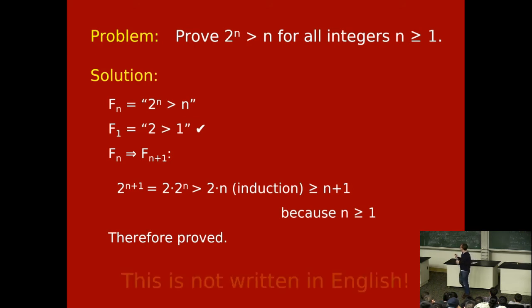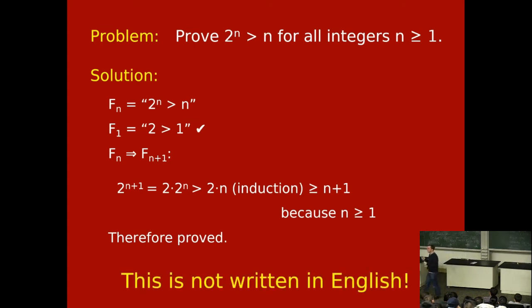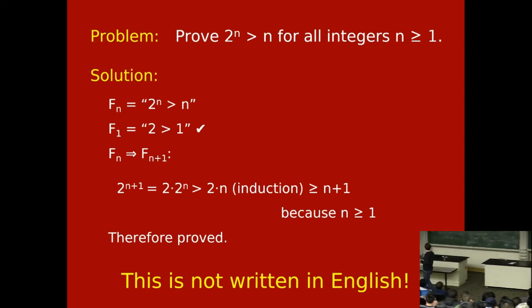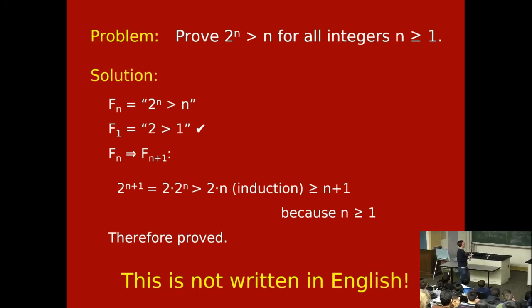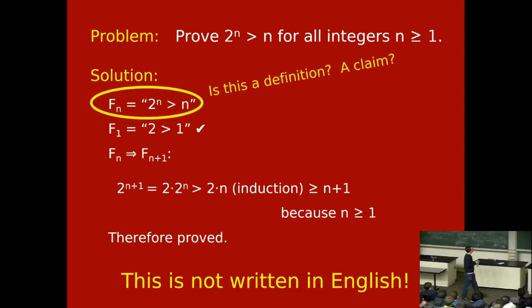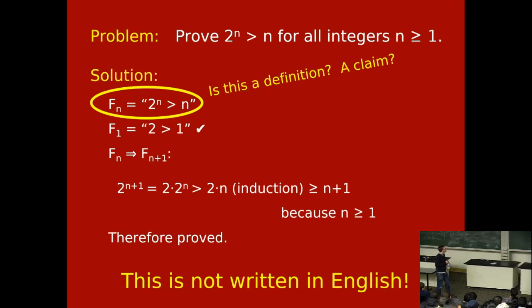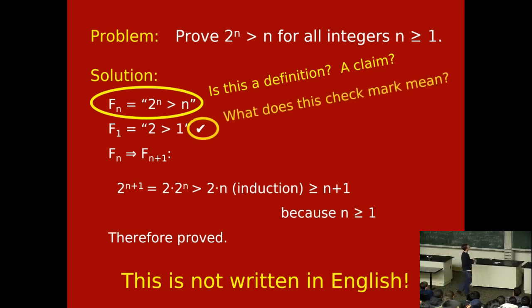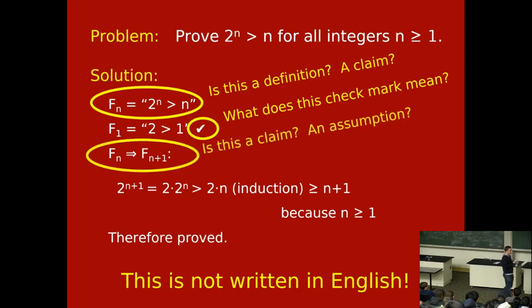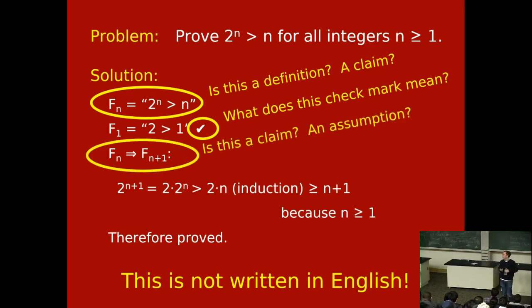Okay, the problem with this proof is it's not written in English. This is also very important. If I were the TA and I'm grading this proof, this is what I would write. Is this a definition? Is it a claim? You cannot just start like this. What does this check mark mean? Is this a claim? Is this an assumption?